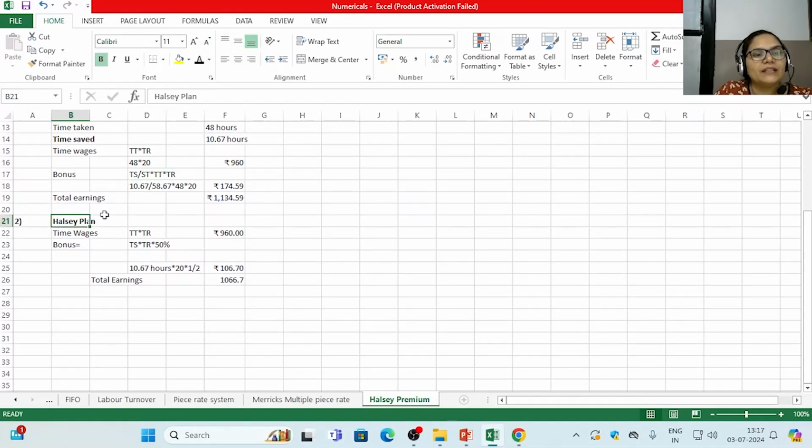Next, according to Halsey plan, we have time wages. We know it's time taken into time rate. Already we have calculated it over here, so there's no change. It is rupees 960.